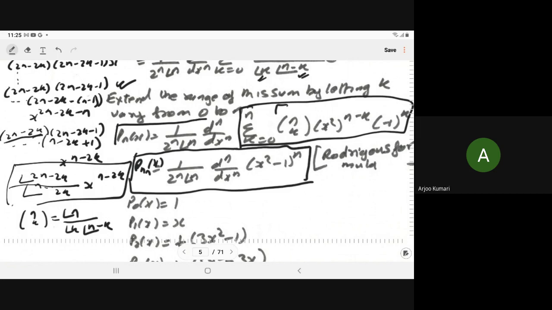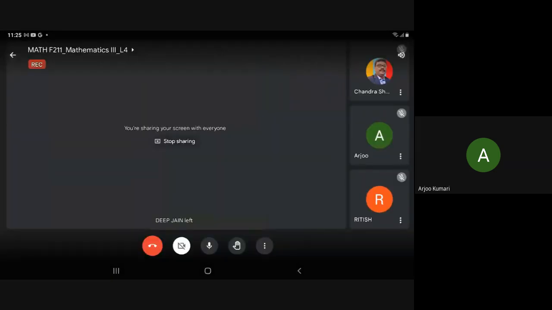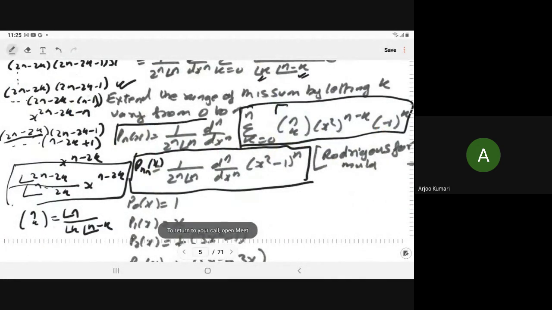Anything you want to revise? Online, any problem? Ritesh, Arju? No, sir. So this formula we will use in most of the cases.